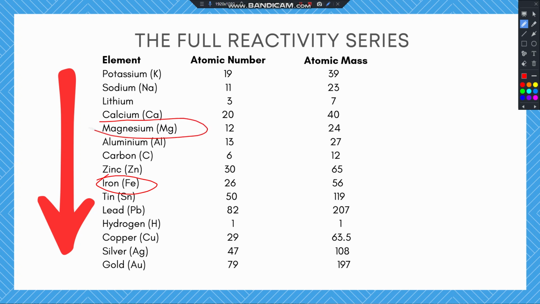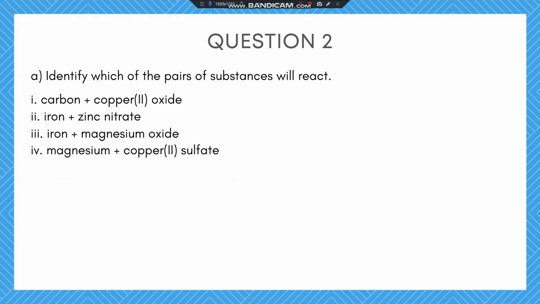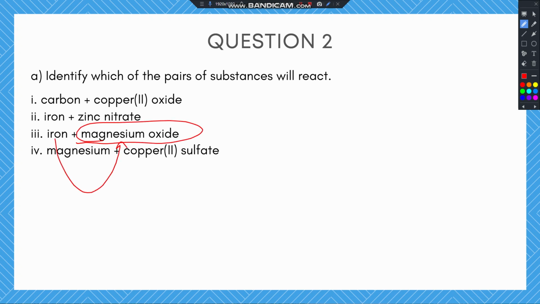We can see the position of magnesium to be over here. So that means magnesium is stronger, and in this case, magnesium is the one that is in a compound. So when iron comes, it will not be able to displace magnesium from its compound. Therefore, this reaction will not take place because the stronger metal is the one that is in the compound.